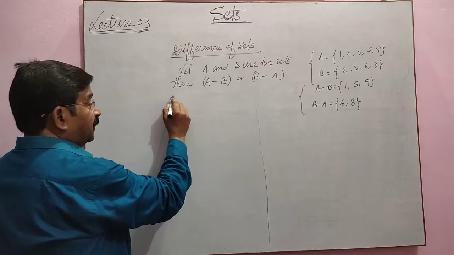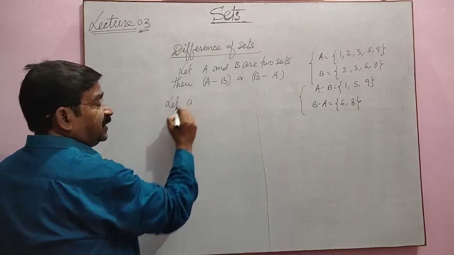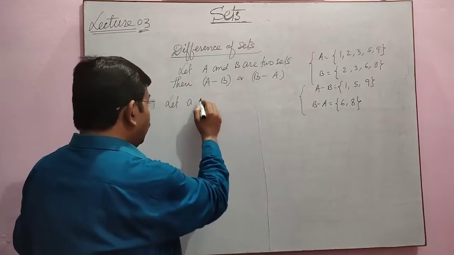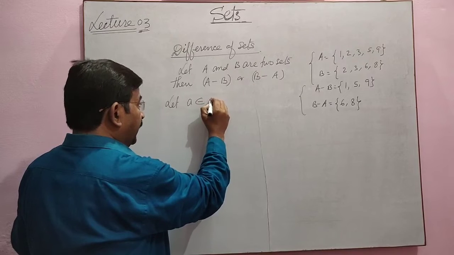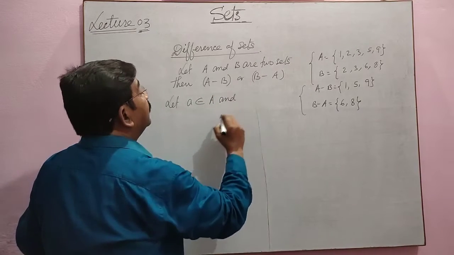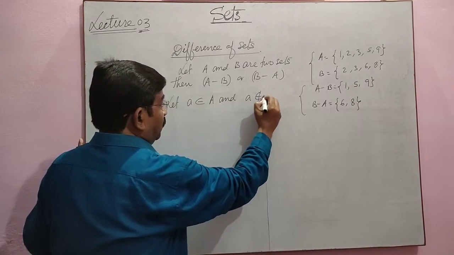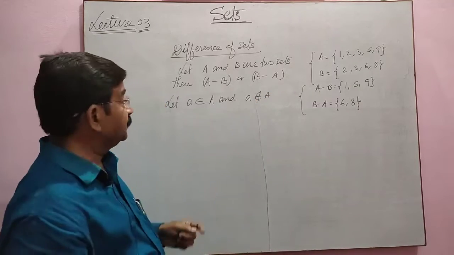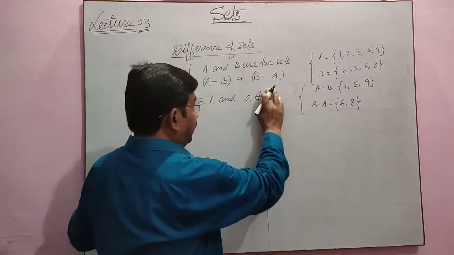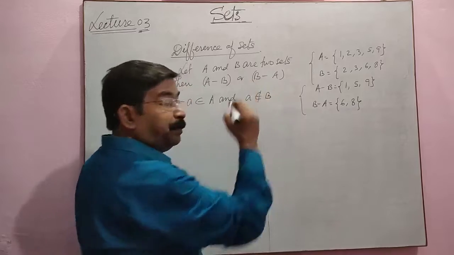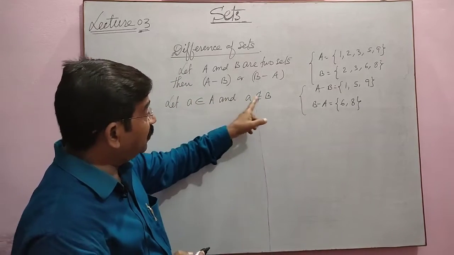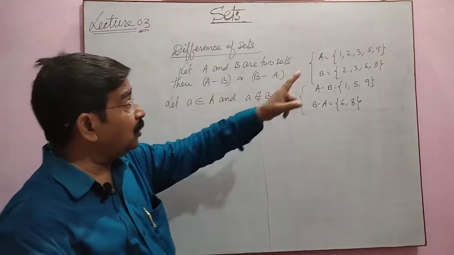Let a be any arbitrary element, meaning an assumed element which belongs to A, and a does not belong to B. Means a belongs to A and a does not belong to B. Means an element which belongs to A but not to B. What I told?